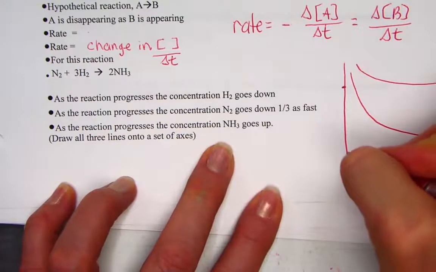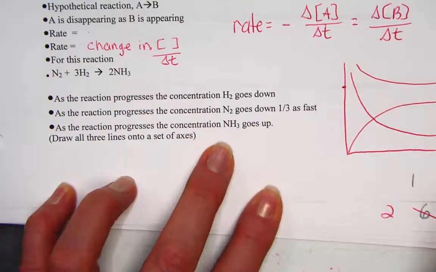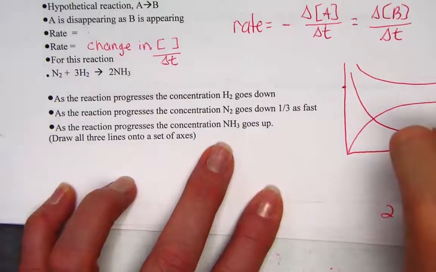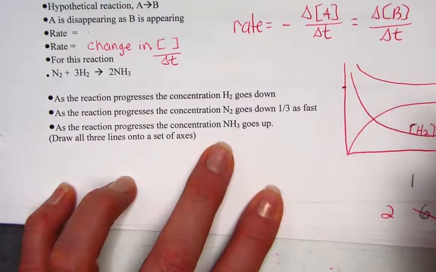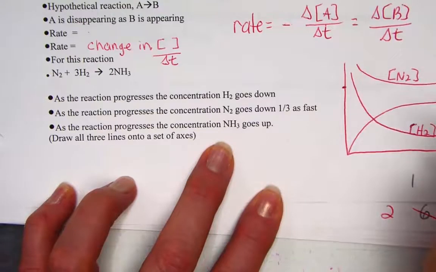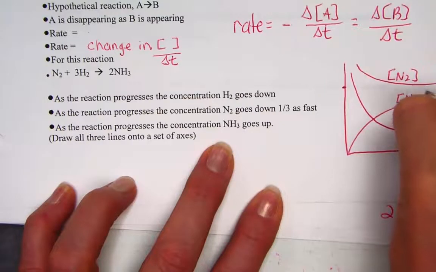At time 0, we wouldn't have any product, but eventually product would form, and it would be right between the nitrogen and hydrogen. So the concentration of hydrogen goes down at 3 times the rate of the concentration of nitrogen, and twice that for the production of ammonia.